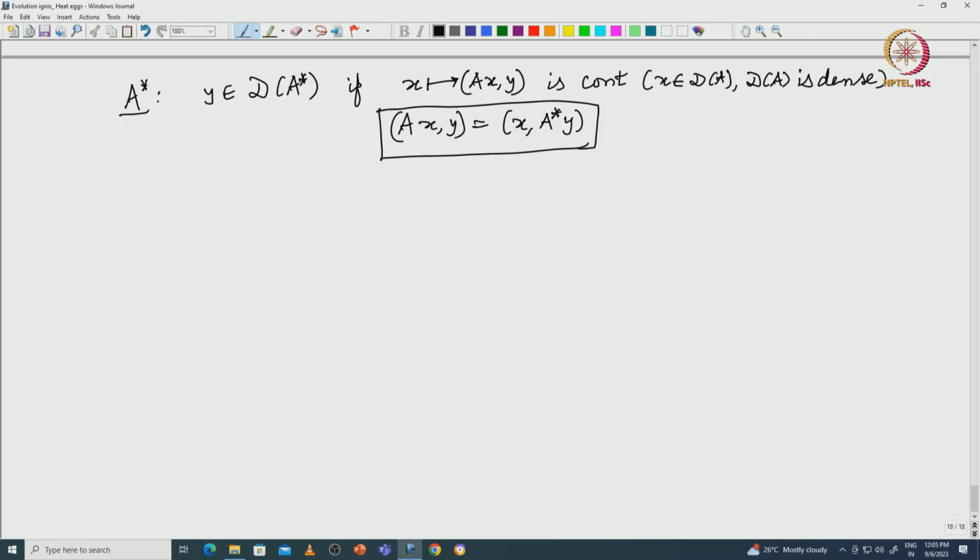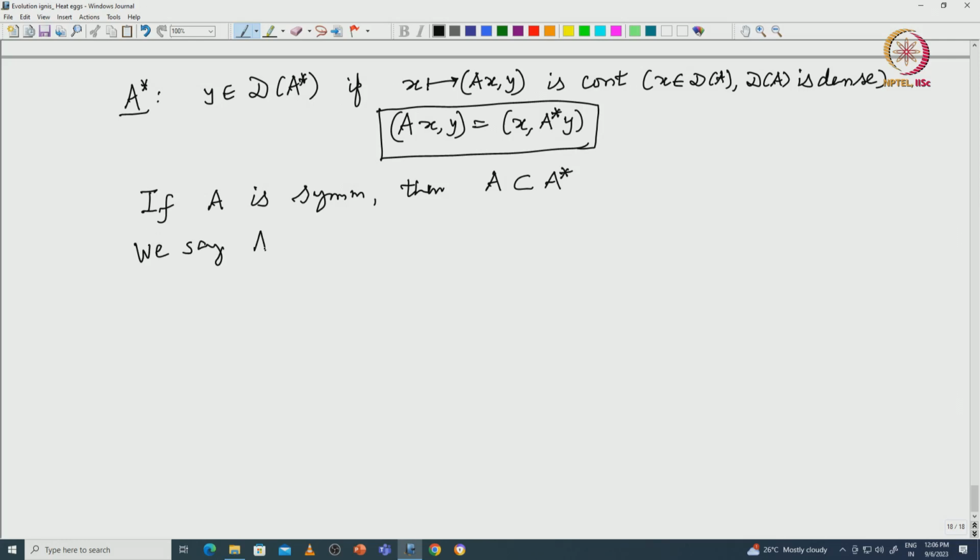So, in particular, if A is symmetric, then A star is an extension of A. Okay. So, this is clear from the definition.